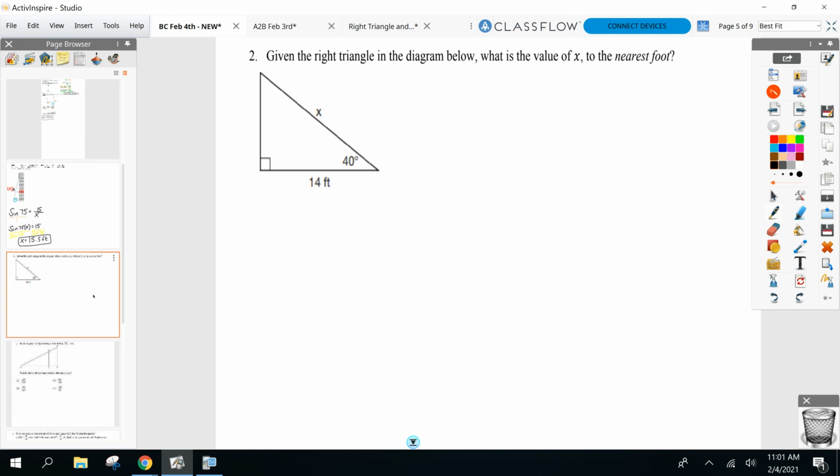And this is not a one-day thing, all right? Hopefully we're using the cosine ratio here.